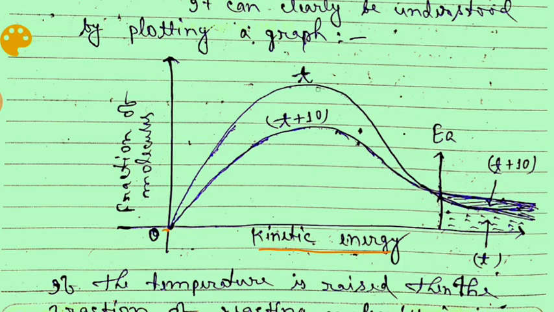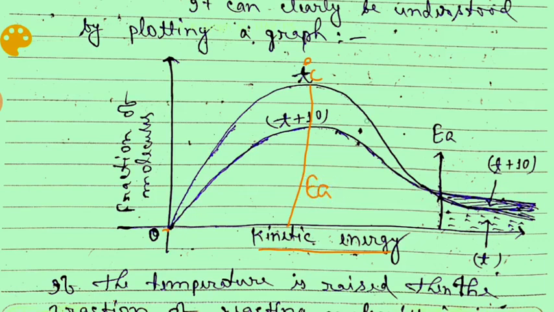So at T degree Celsius, this graph indicates activation energy. It is not given here, so it is activation energy.